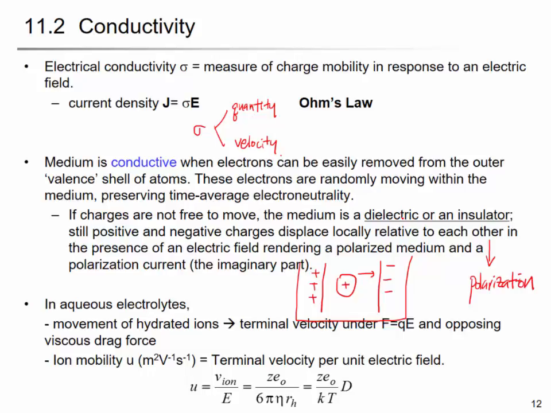Electric force, because of the Coulomb force, right? Coulombic force is attracting this charge, and the resisting force is what? Viscous drag. So the ion will have to swim against the water molecules, right? So you have a viscous drag, and the electric force is balanced. So the electric force, this is the electric field, and the opposing viscous drag is equal.